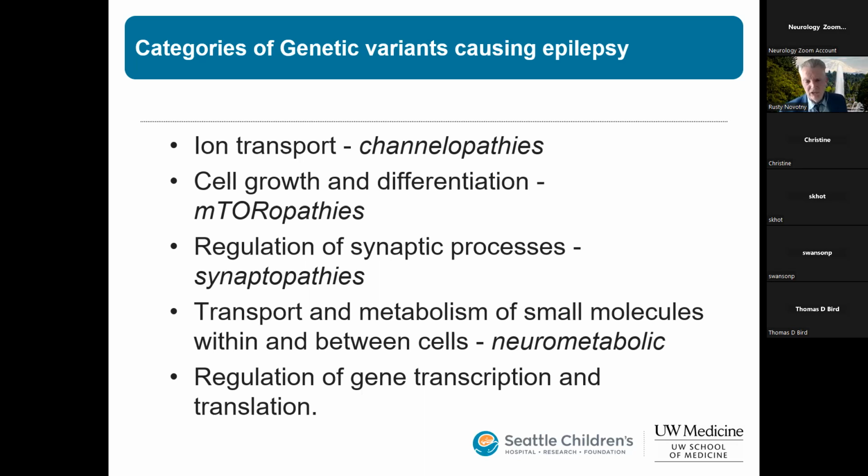More importantly, there are now a lot of genes that regulate gene transcription and downstream functions, such as gene regulation and translation, that also cause epilepsy. And how that happens in some of these conditions, we still have a lot to learn.